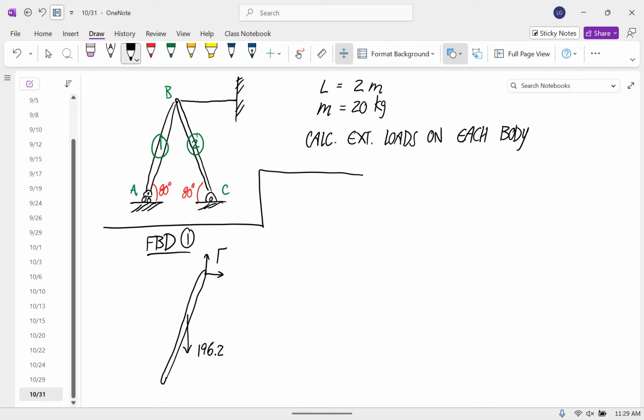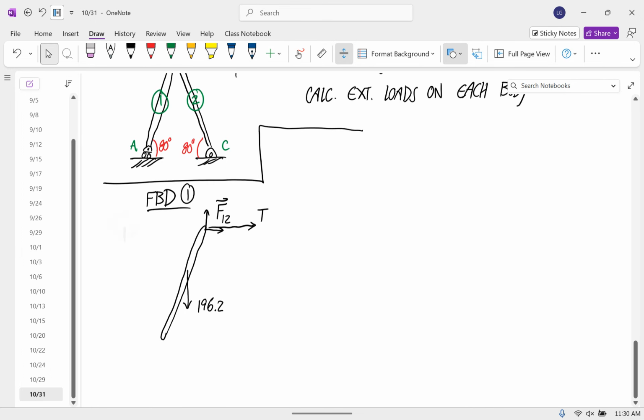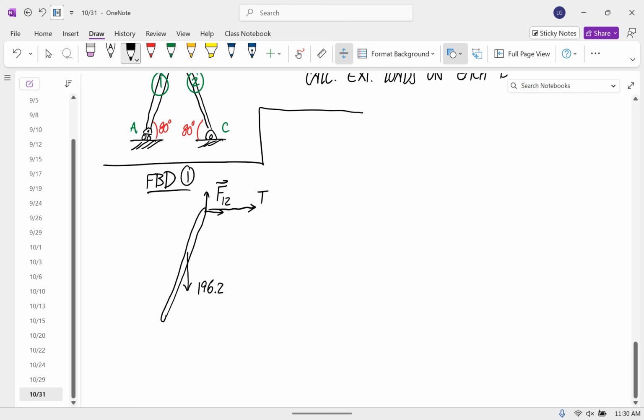So there's a force vector F12. And also touching member 1 is the cable because that's touching the pin. So I'll call this T. And then down at the joint A, all we have is a roller. So the rule for a roller is perpendicular to the surface toward the chosen body. So I'll call that RA.